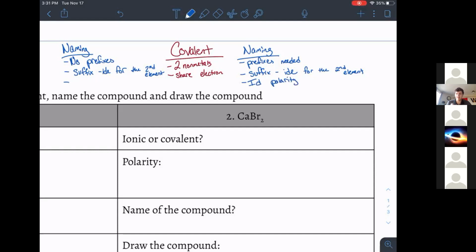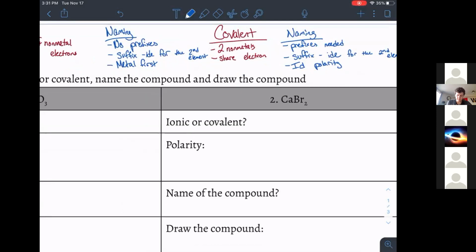Metal first. Metal first, perfect. And what's one more thing we have to worry about with metals, or specific type of metals we have to worry about? Transition metals.